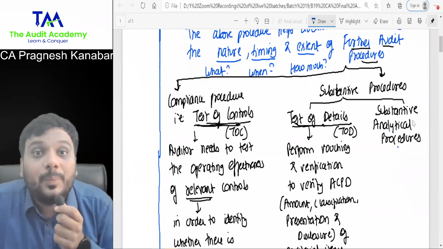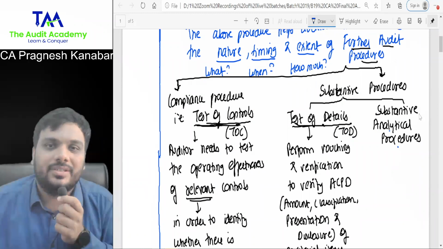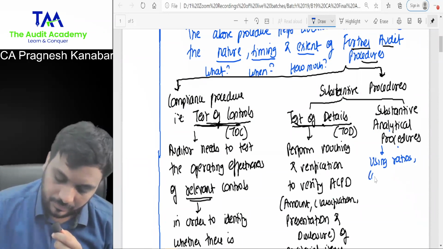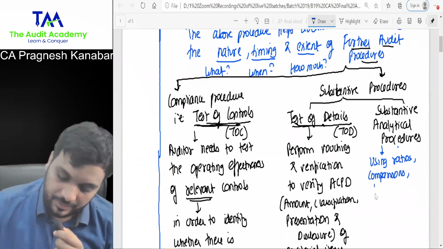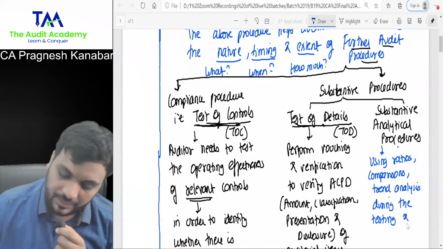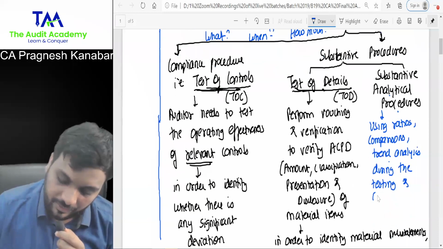I wrote substantive analytical procedures. It means using ratios, comparisons, trend analysis during the testing and completion stages of audit.